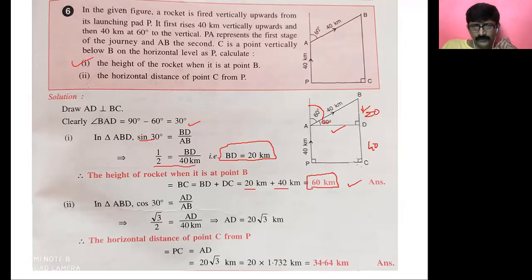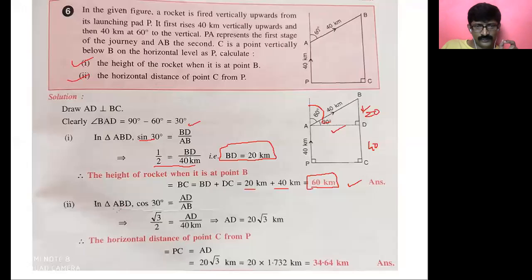Once you're done with this, now our target is to calculate this PC. Second part, how to calculate this distance PC? It's simple. It will be the same as distance AD. Are you understanding, student? See, what is this AD? This is the horizontal distance. Now again in triangle ABD, if we know how to calculate AD, our sum will finish. So think how to calculate this side AD. It's simple.